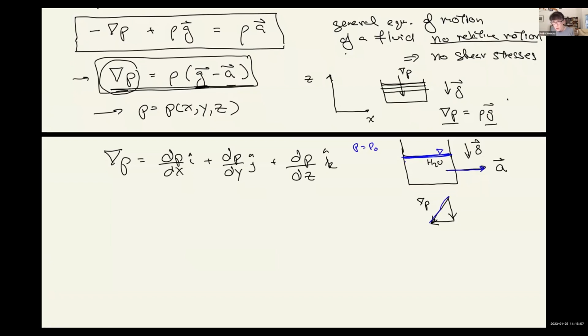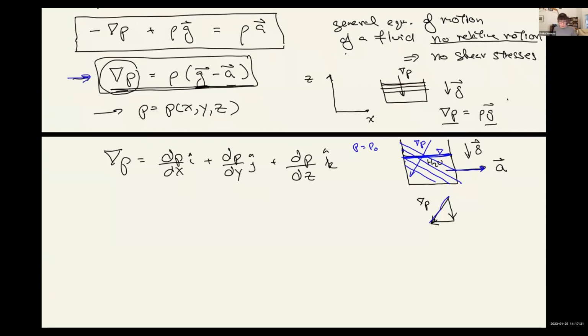So the free surface, which is a surface of constant pressure, is now going to be in this direction, okay? And surfaces of constant pressure are going to be along lines like that. Perpendicular to those lines of constant pressure is the direction that the pressure varies, okay? So that's the significance of this.